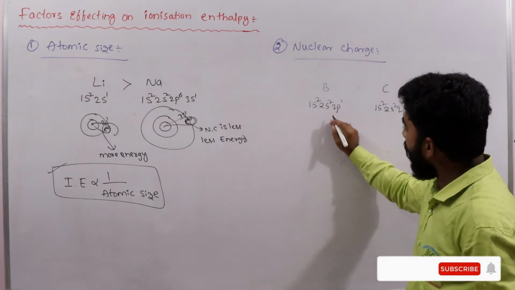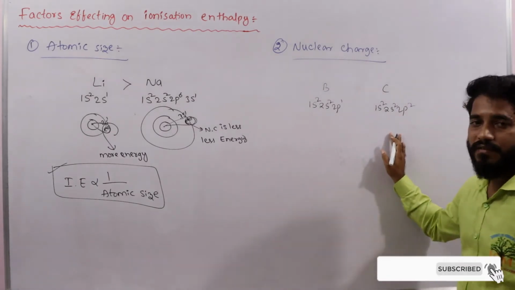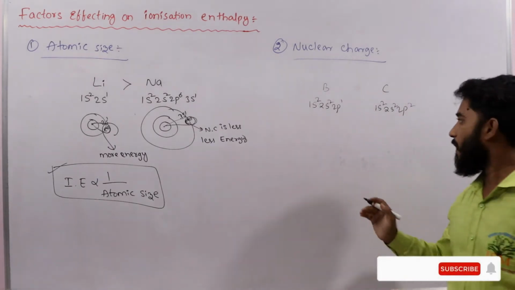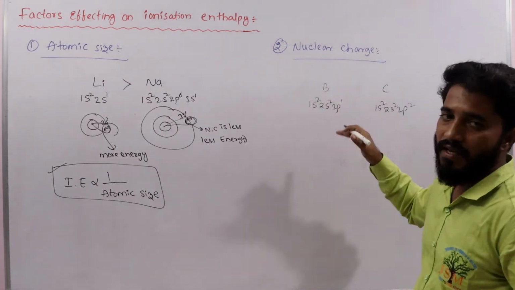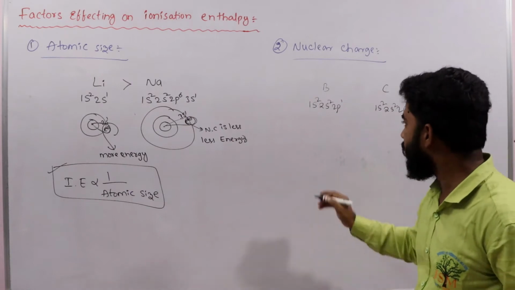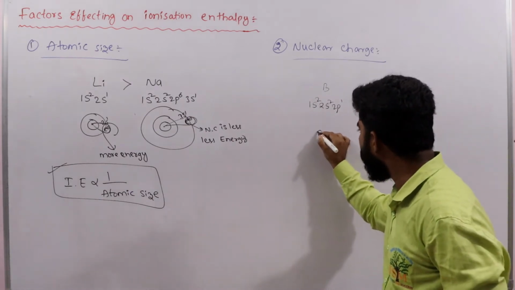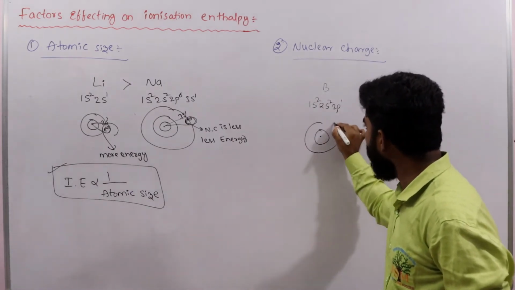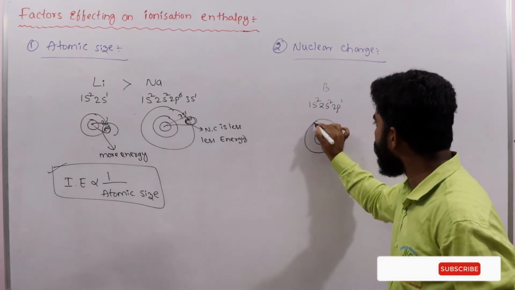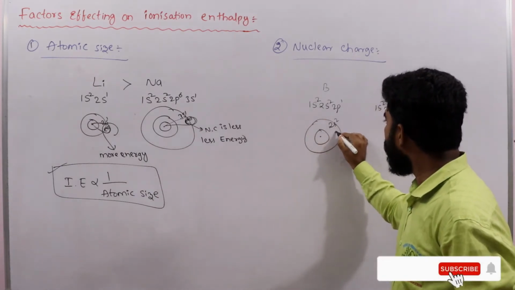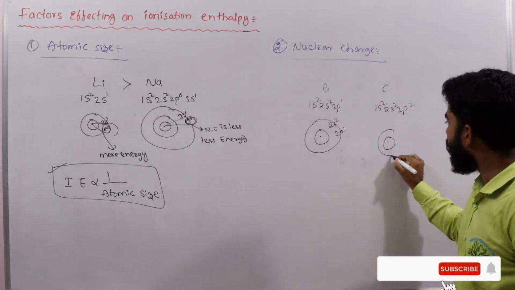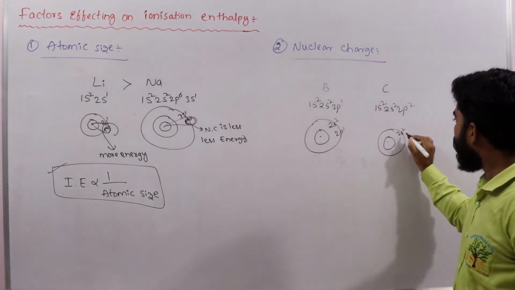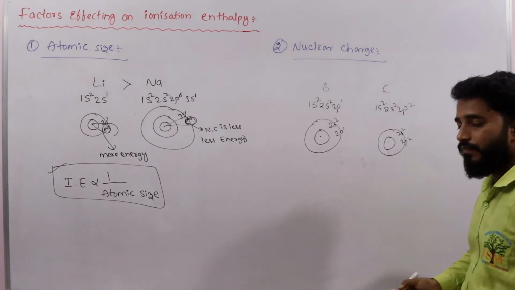Compared to boron, carbon's size is less, because from left to right in a period, size decreases. Here 2 shells are present, with 2s2, 2p1 in the outermost shell. In carbon also 2 shells are present, with 2s2, 2p2 in the last shell.